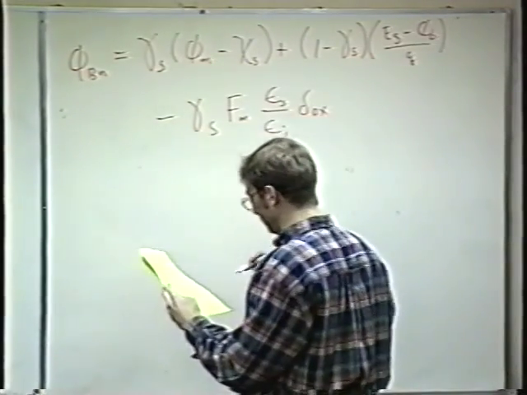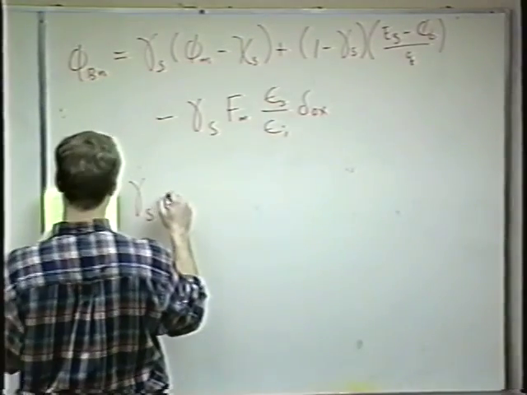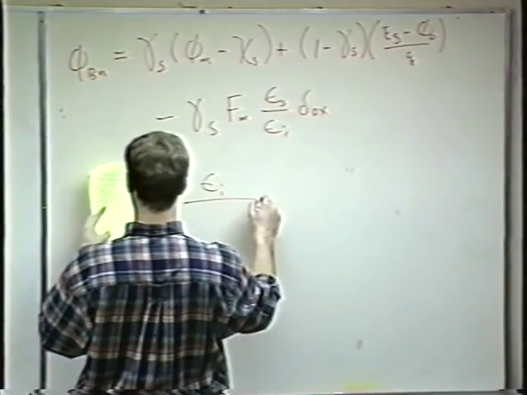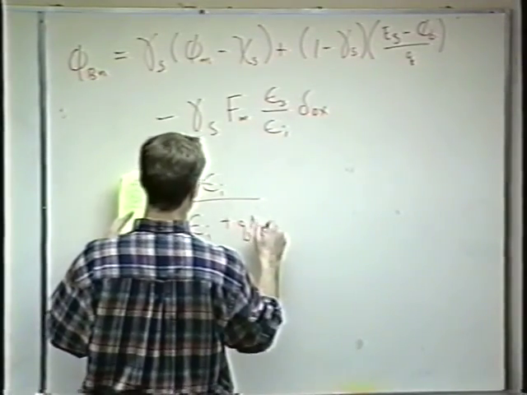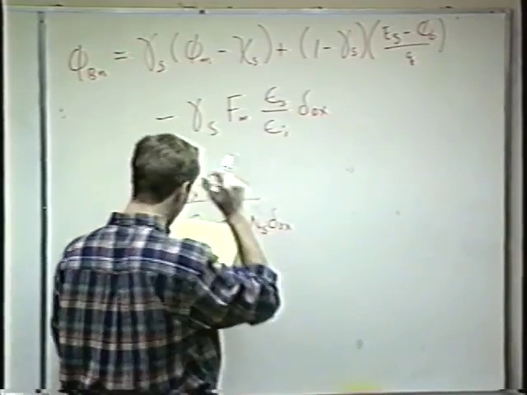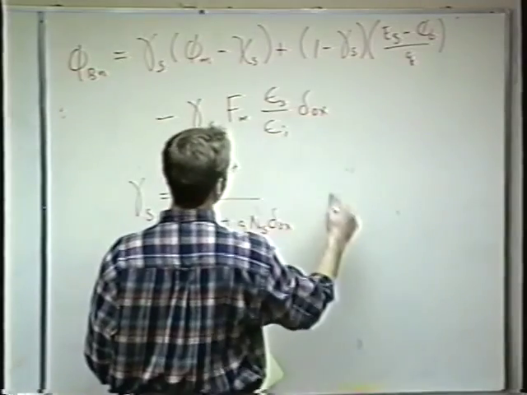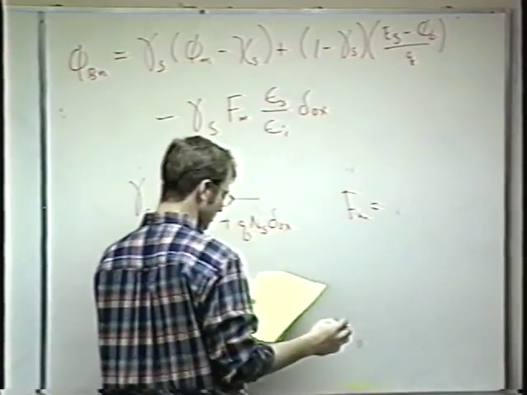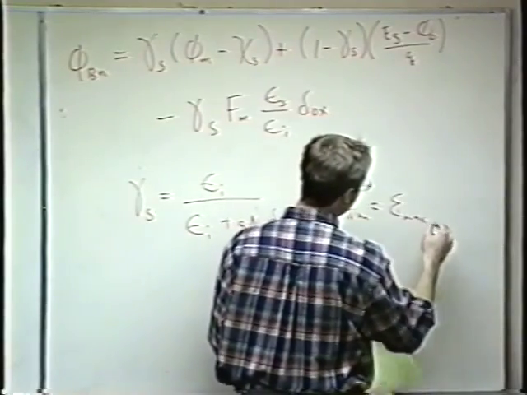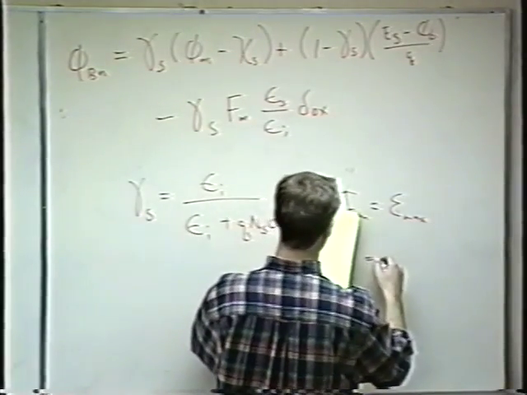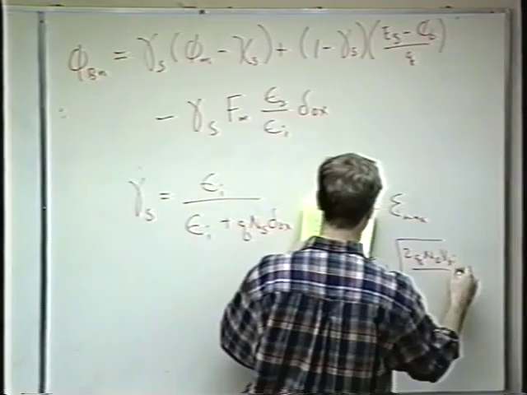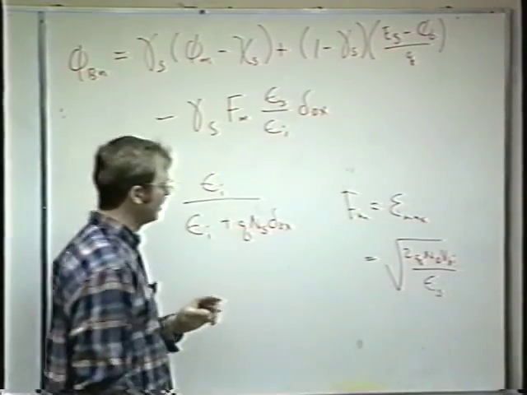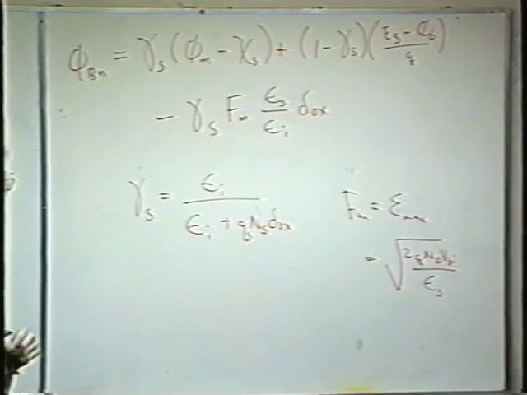Where gamma S is just this. And this Fm is equal to our max field, which is equal to, from the equation, 2Q ND phi BI over permittivity. Okay. So there's a pretty ugly equation for you.